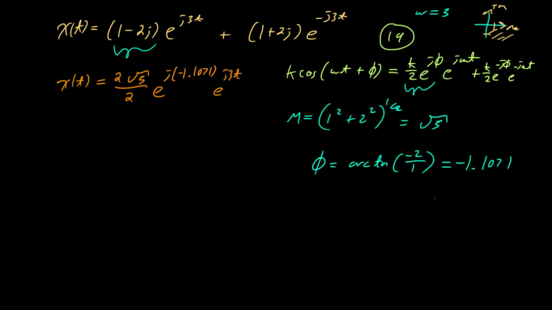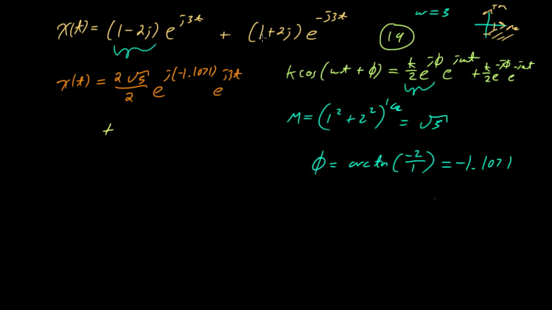And then I just add on to that pretty much the complex conjugate of that whole thing, right? Because the 1 minus 2j is the complex conjugate of 1 plus 2j. So I don't have to convert this number over again from rectangular to polar form.